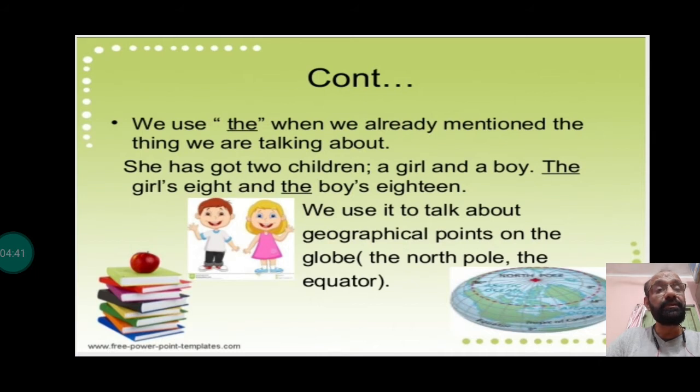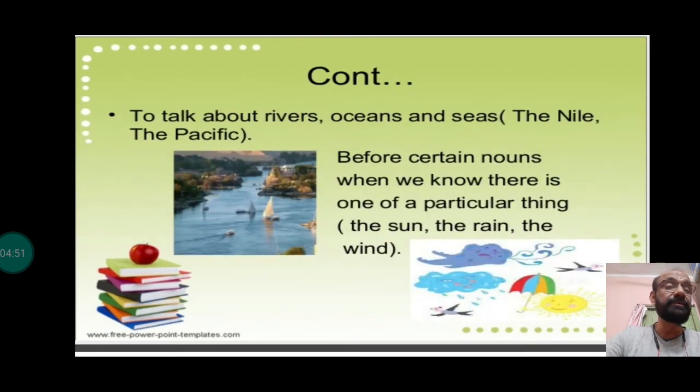We use the to talk about geographical points on the globe, the North Pole, the equator. So these are all geographic points and we use the for them. The is also used for rivers, oceans and seas. The names of oceans, rivers and seas are always preceded with the. Right? So whenever you mention Ganges, the Ganges.